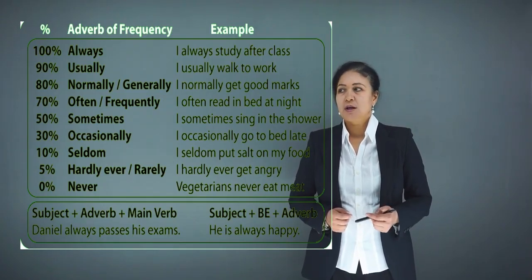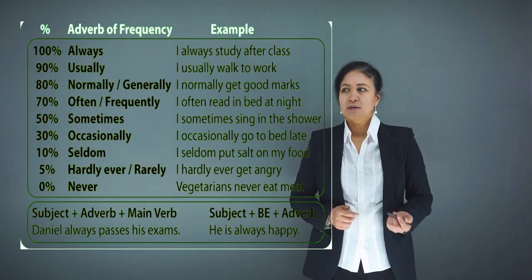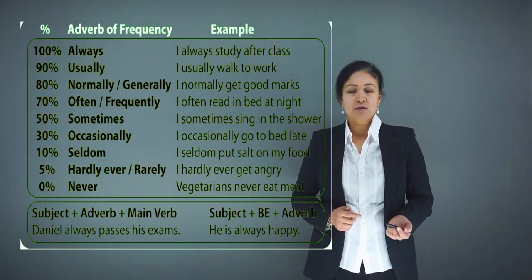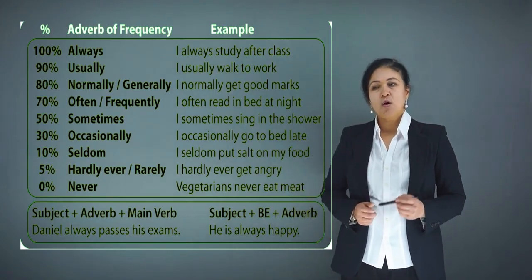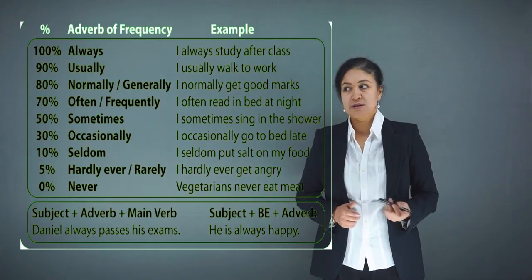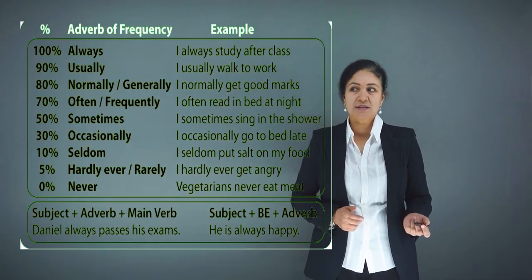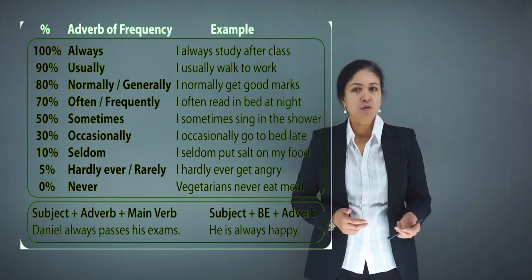Next, normally, generally, 80%. So, I normally get good marks. Next, often, frequently, 70%. For example, I often read in bed at night. It means every 2 days or every day.